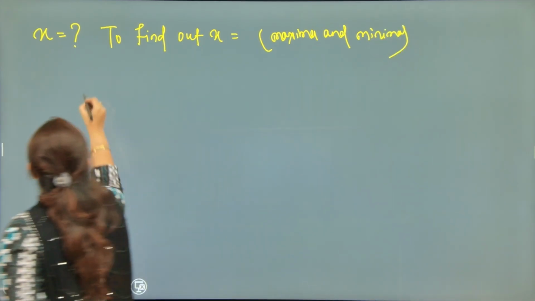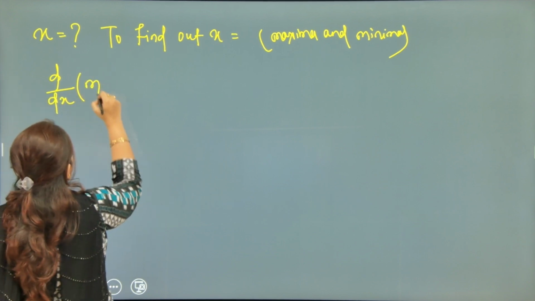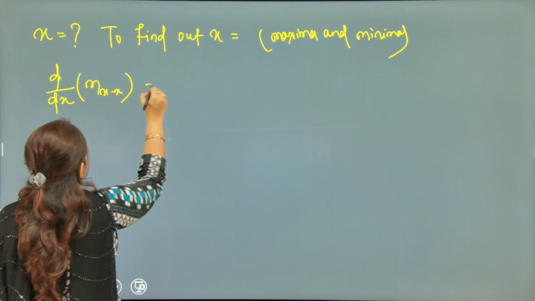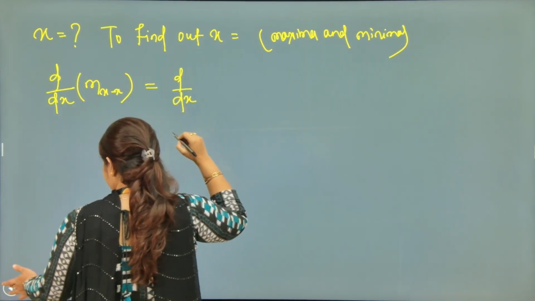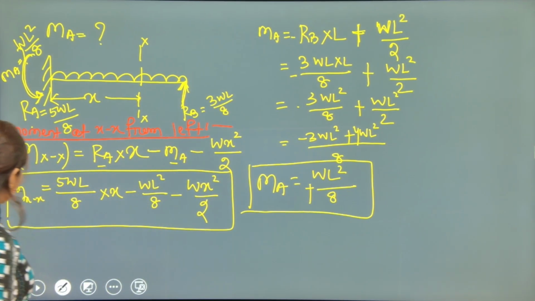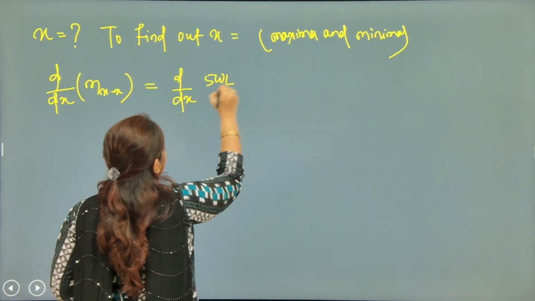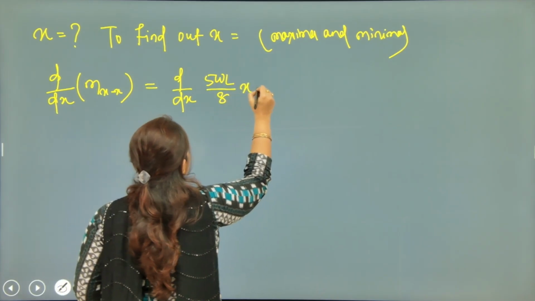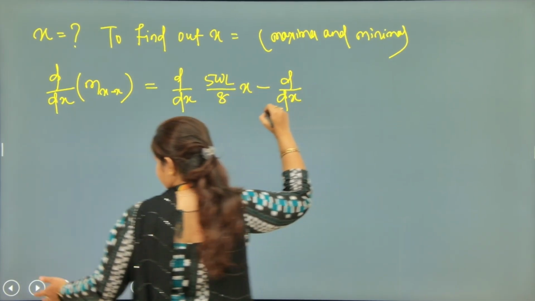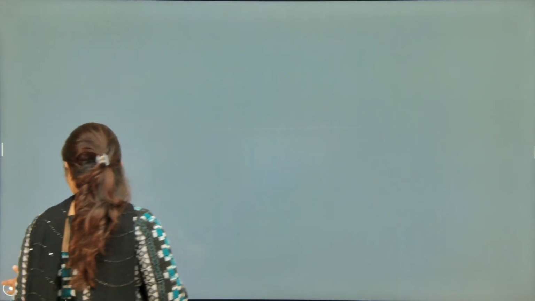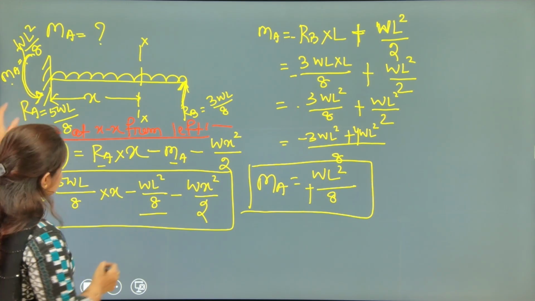So we'll go for the derivative of the moment at XX, that will be the derivative of 5WL upon 8 into x minus the derivative of MA.